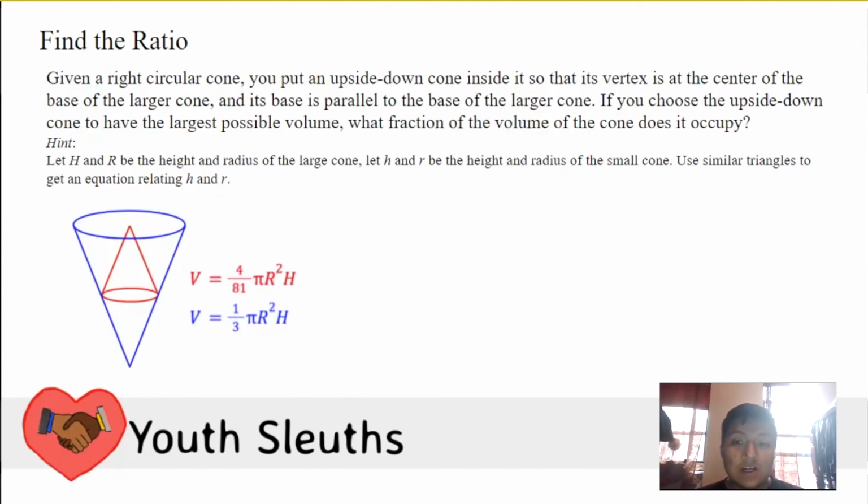So the final part to our question is asking to find the fraction of the volume that the small cone occupies. In order to find that, we need to set up a ratio. The ratio that we could set up is the volume of the small one being divided by the volume of the big one.